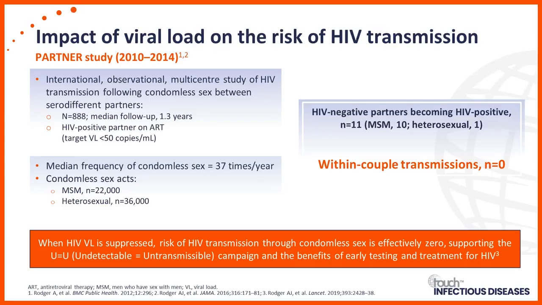This is what we call undetectable equals untransmissible, or U equals U. So these two effects are very important, both for the individual and also for society. There are many data supporting that an undetectable viral load makes a person not able to transmit HIV.